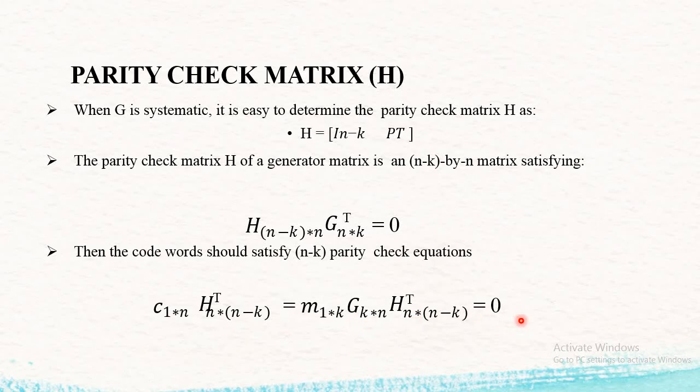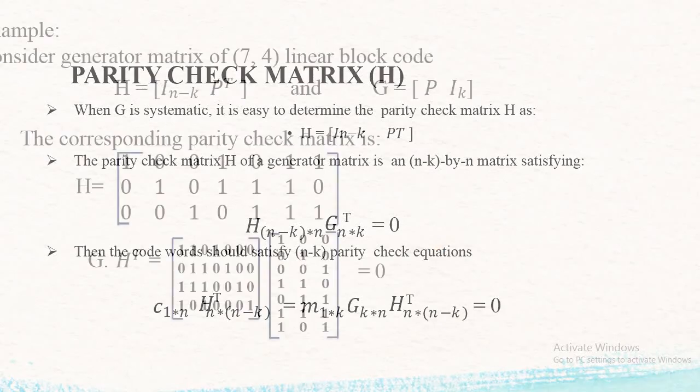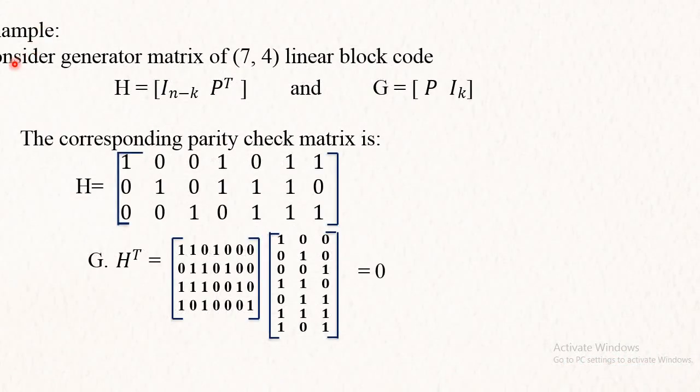We use this parity check matrix for detecting the error at the receiver end. We multiply the received code word with the parity check matrix. If my answer is equal to 0, whatever value we have received is without error, and if it is not equal to 0, then the received code word has some error.